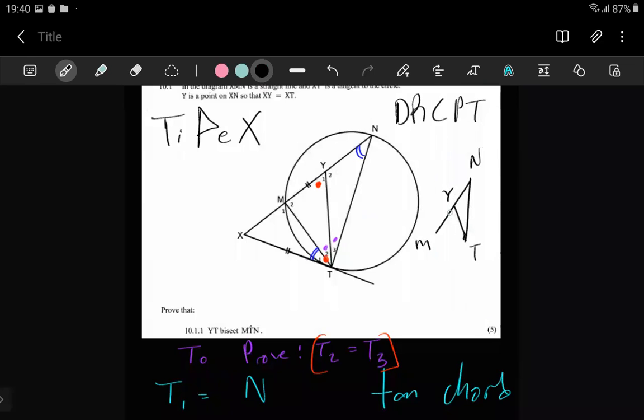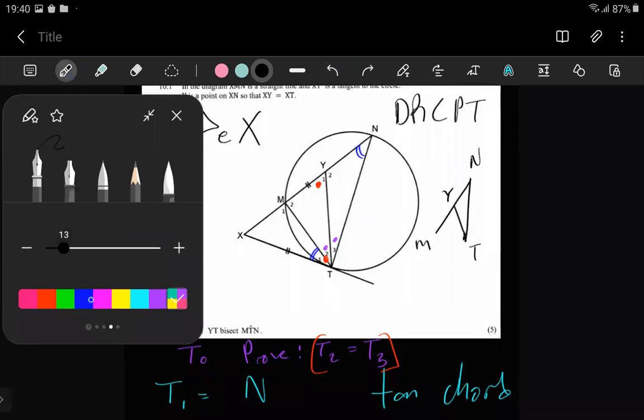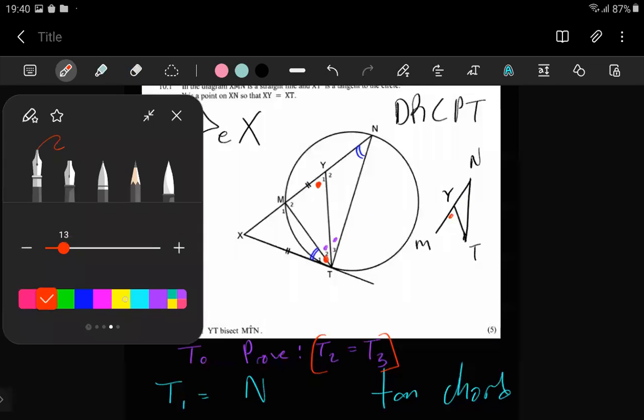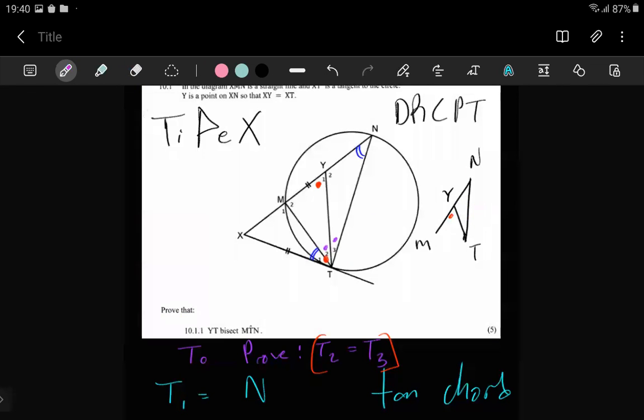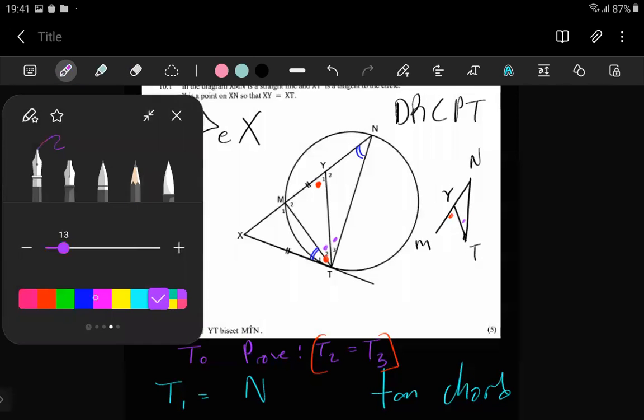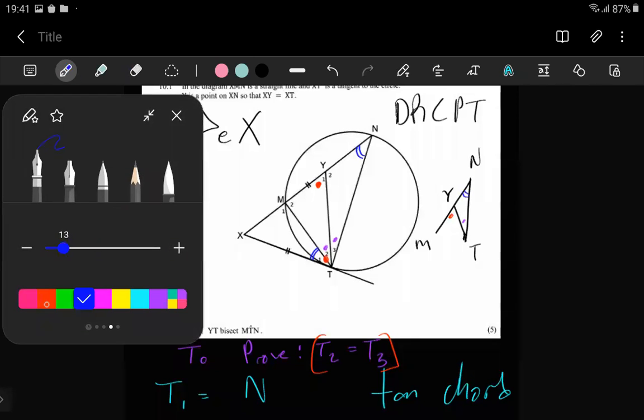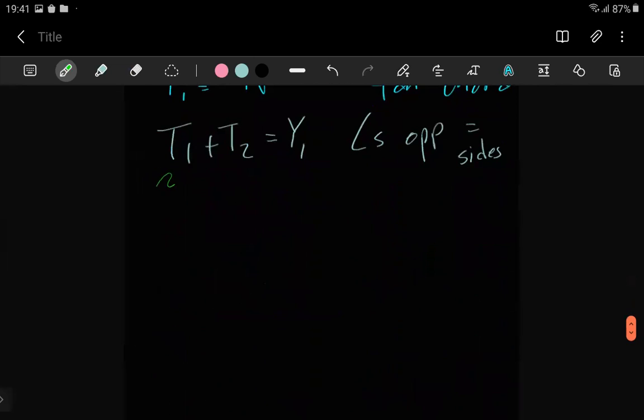There's an angle over here, which is our Y1. We know that it is equal to the purple one down here, and this one up there. So we need to tell them that we know that information. So let's do it. We're going to say here Y1.